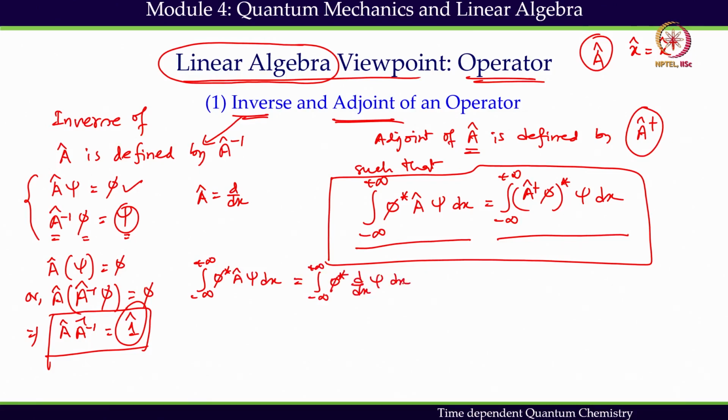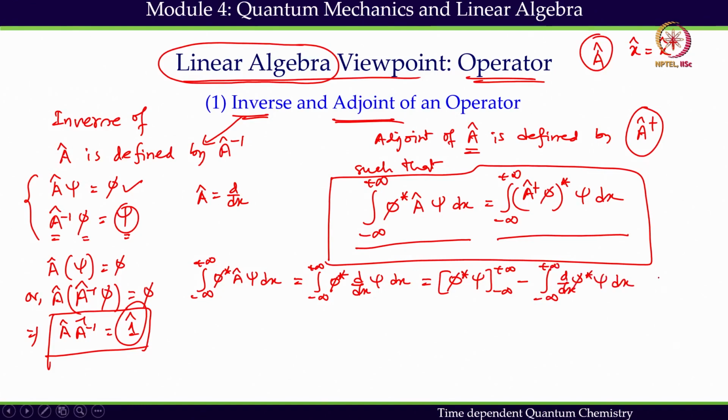Now I cannot just position this operator anywhere without any constraint. It is not possible. This operator acts only on psi. So I have to go for integration by parts. If I do that, I get phi star psi from minus infinity to plus infinity, minus the integral from minus infinity to plus infinity of d dx phi star times psi dx.